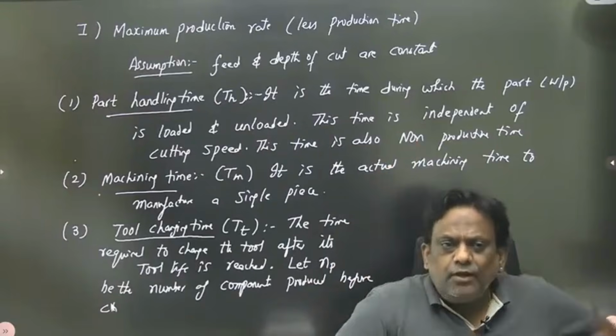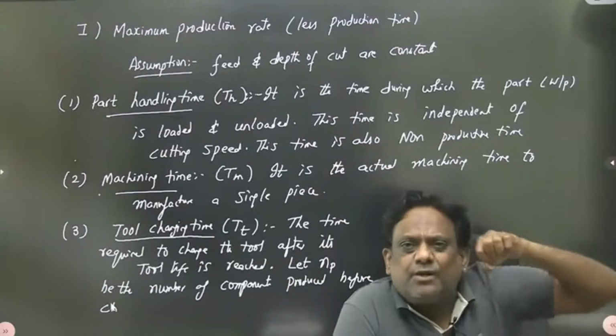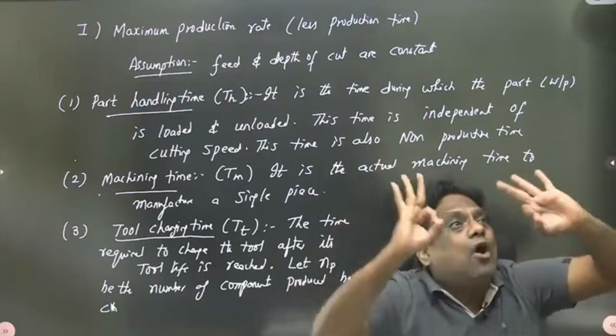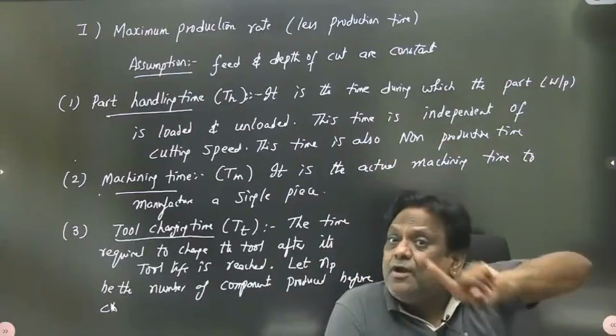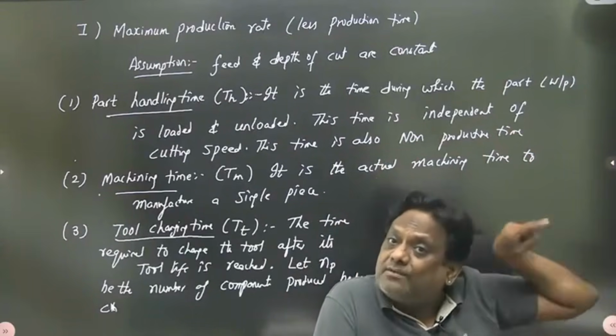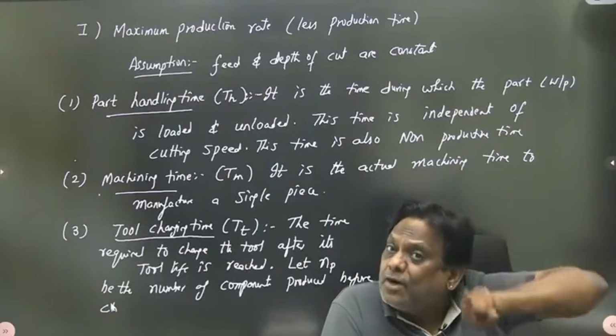I am telling you again: when you are loading the workpiece and removing the workpiece, it has nothing to do with how many components you have manufactured before. The tool changing time will depend on the number of components that you have manufactured before, and the number of components will depend on the velocity.